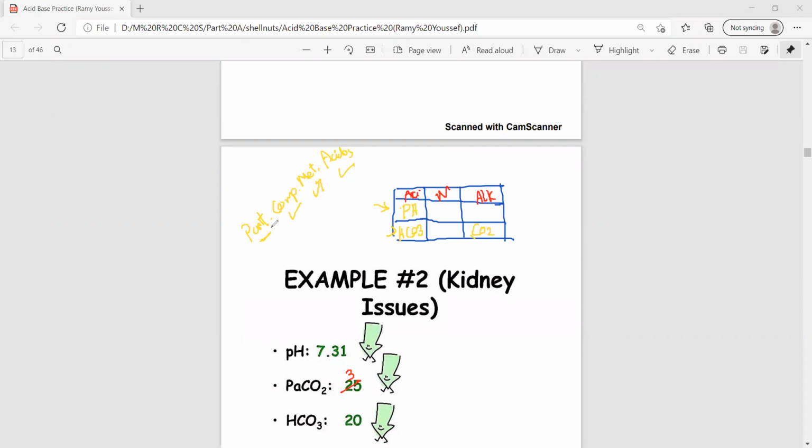Clear? Clear or not clear? Yes, clear. Okay, let's check the answer.